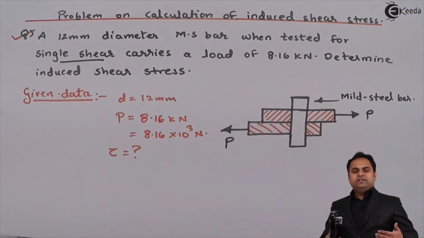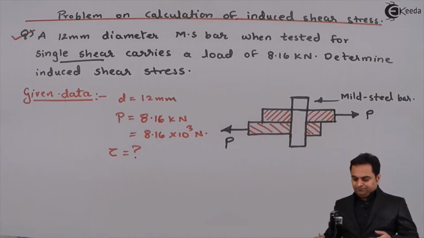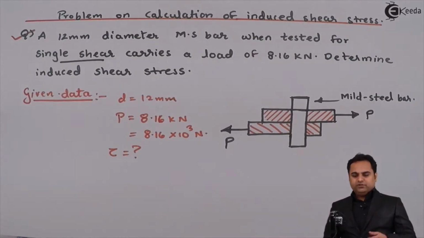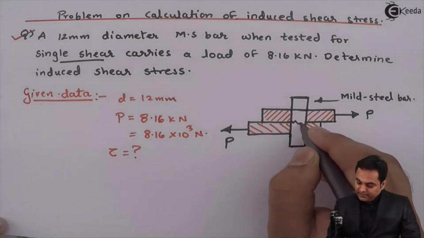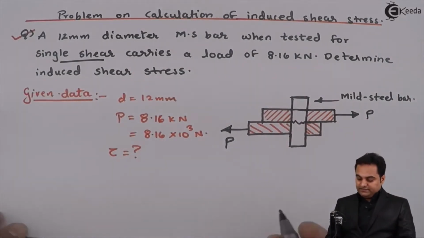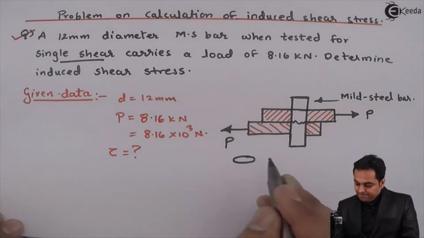Now because of these two opposite forces, their magnitude is same. What can happen is that this mild steel bar, which is circular in cross section since the diameter is given, it will break at this junction at the plate, and when it breaks it will look like this.